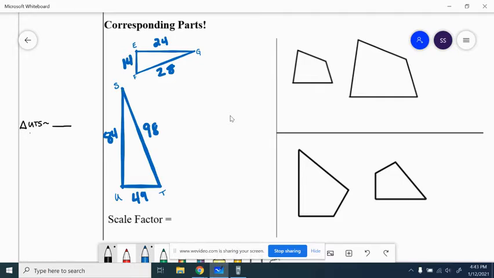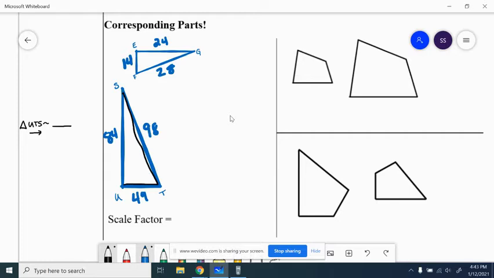So UTS, we go from U to T to S, right? If I start at U and I go to T and up to S, I need to do the same thing with the other triangle, okay? I went from the smallest side length and then I went to the largest side length.